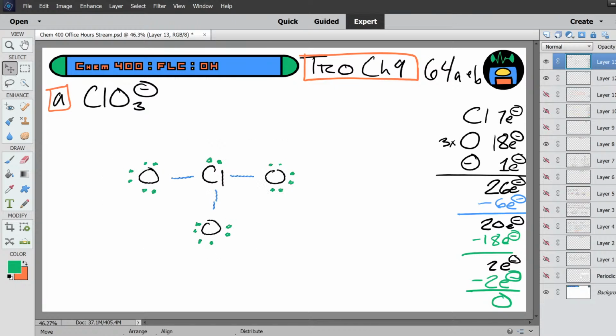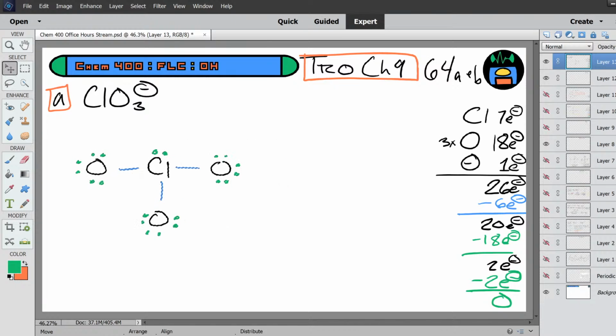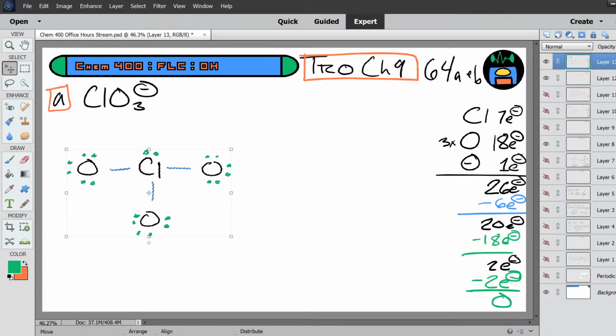Because again, we want our formal charges to be as low as possible. The only way to assess whether or not we can minimize formal charges is by first assigning them. So when you look at oxygen, when it's neutral, it has 6 electrons.